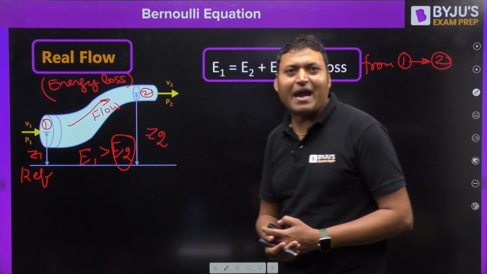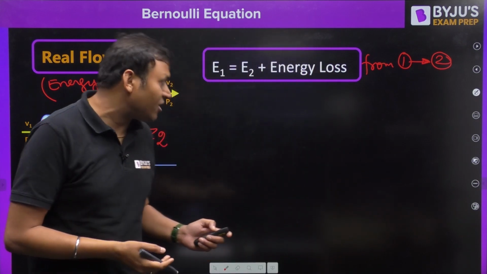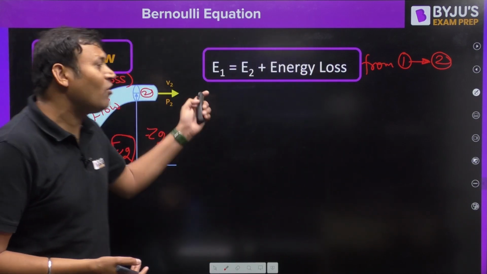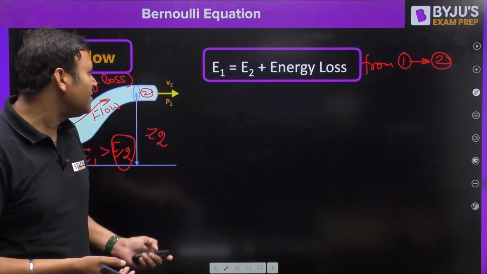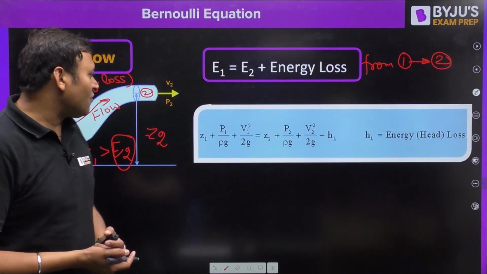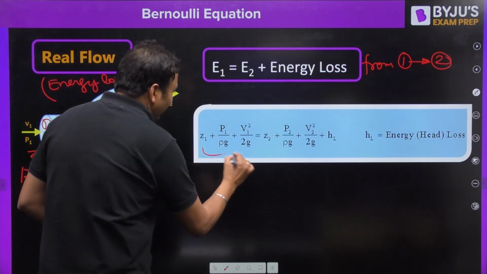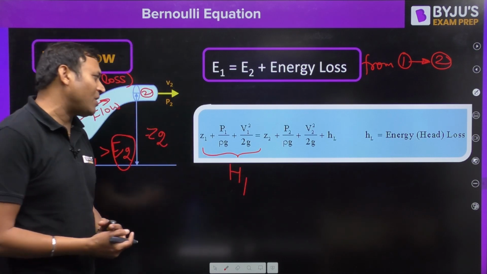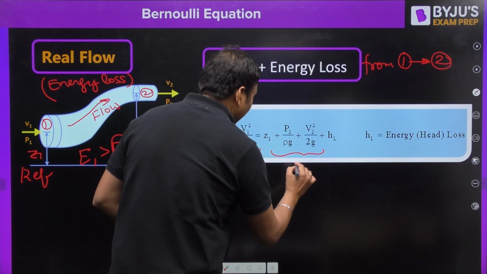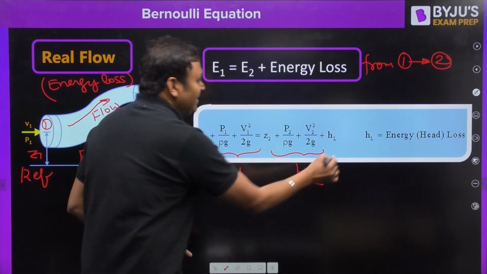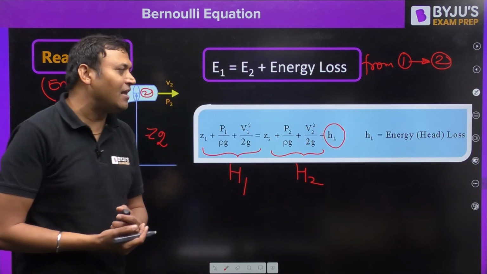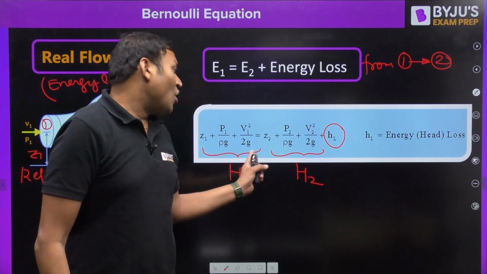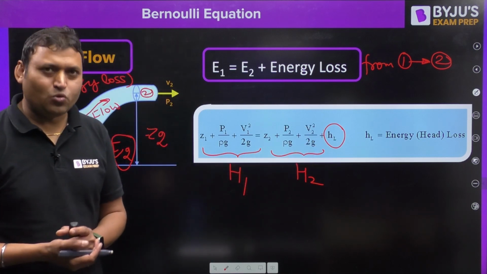And in terms of head, if we write the energy conservation equation, this is not the Bernoulli equation, we call it the energy conservation equation. In terms of head, the total energy head at section 1, Z1 plus P1 by rho g plus V1 square by 2g, is equal to the total energy head at 2 plus the energy head loss HL from section 1 to section 2.